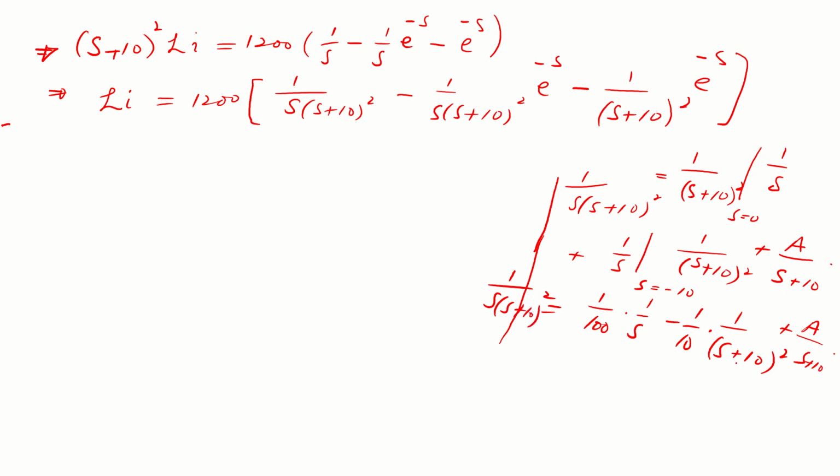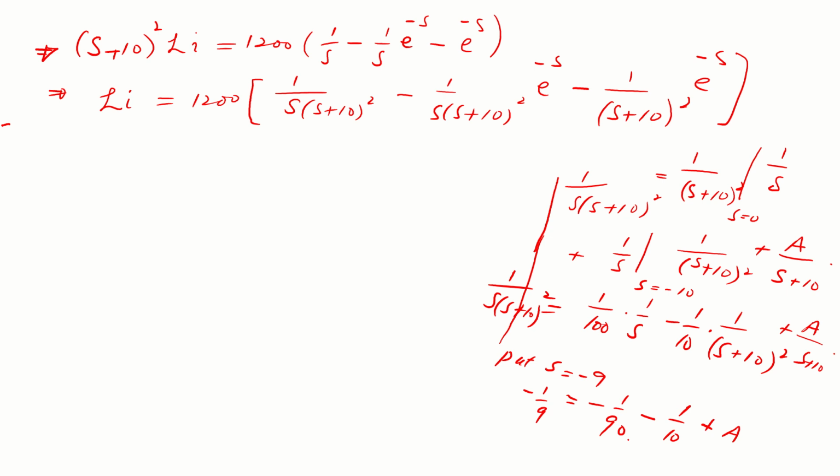We want to find the value of a, so you can simply put s equal to anything. Let me put s equal to minus 9 just to get a very simple value. The left side will give you minus 1 over 9, and this will give you minus 1 over 90. This will be 1 over 10 because if we put 9, we get this one. And this will give you plus a, because minus 9 plus 10 gives 1.